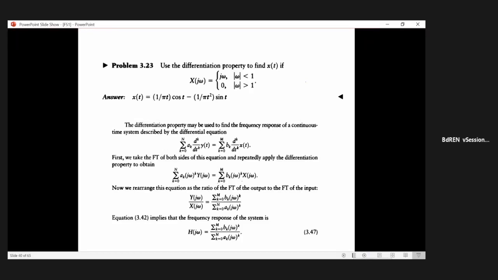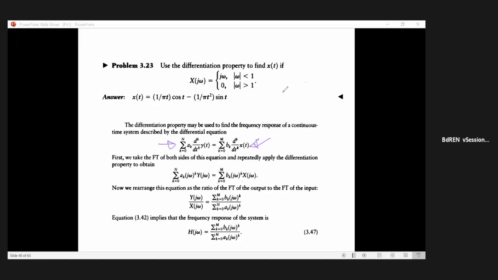Now, another issue is that by using this property, we can solve differential equations also. We know that the input-output relationship in our continuous time domain can be represented by a differential equation of this form. This is your input side, and this is your output side.